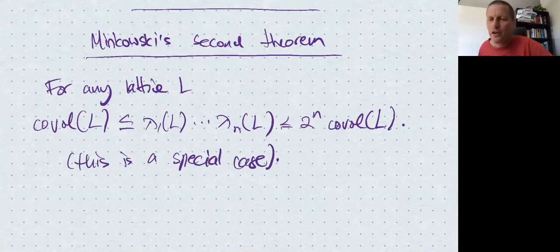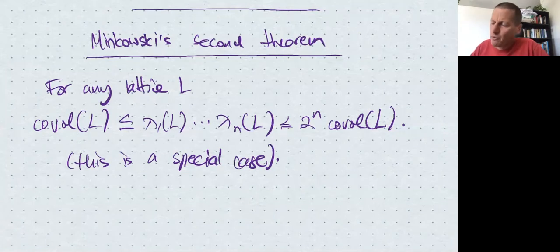But as a first approximation, what you should have in mind is the following picture. Imagine that you're only interested in lattices where the co-volume is fixed, and imagine that we're interested in all lattices in a given dimension. We're not changing the dimension, and we don't care about constants. So if that's what you care about, you can ignore this constant. And so what you're seeing is that the product of these lambda i's is approximately 1.